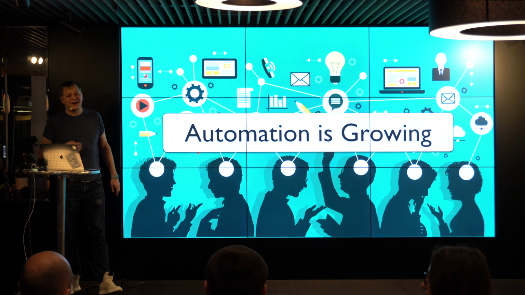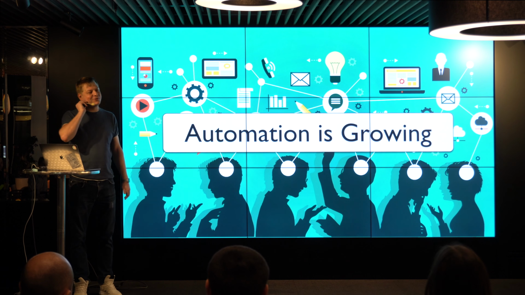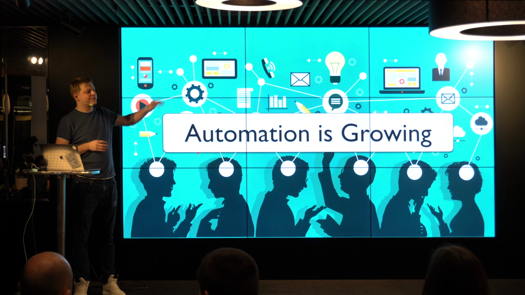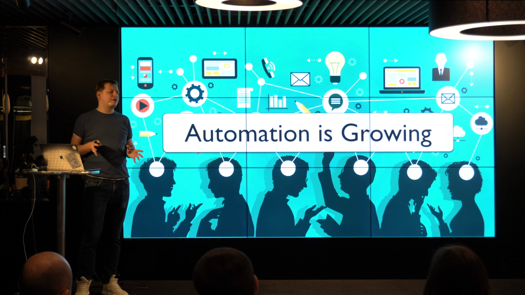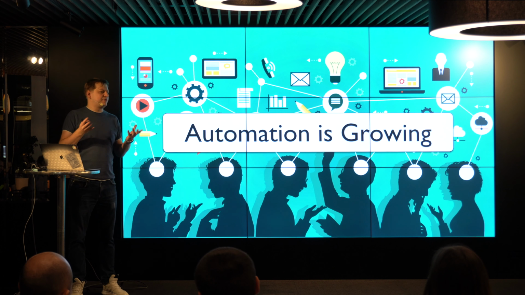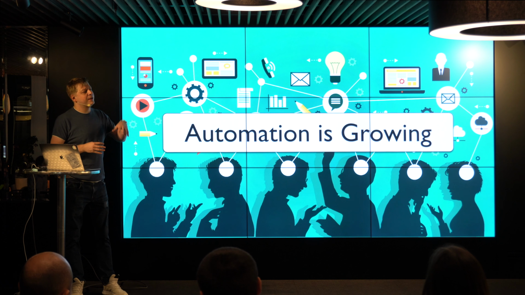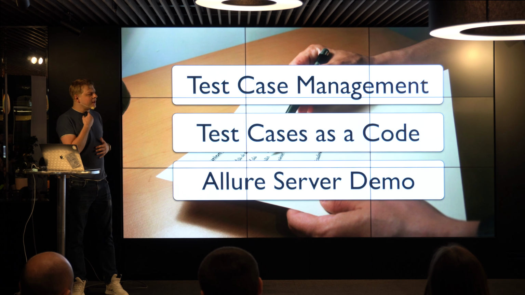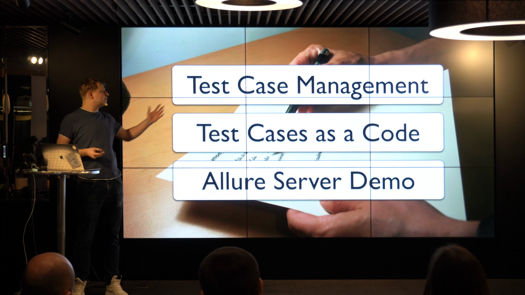And today I will tell you about test documentation, as Mike said, in the case where automation is growing. For example, you have thousands of test cases, half of them manual and half of them automated. How does that look?